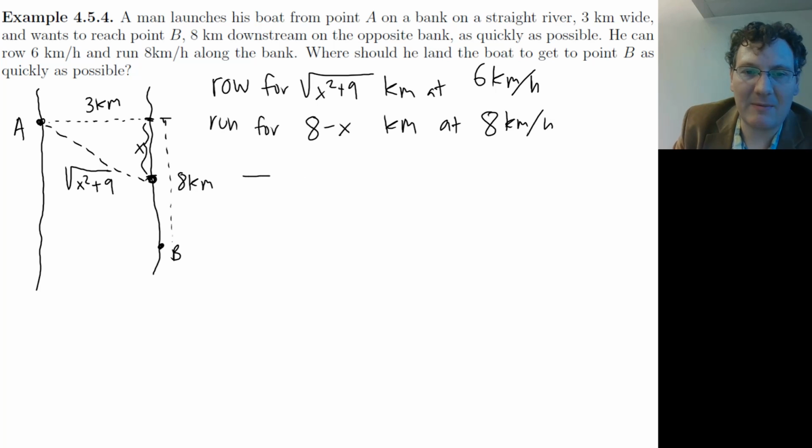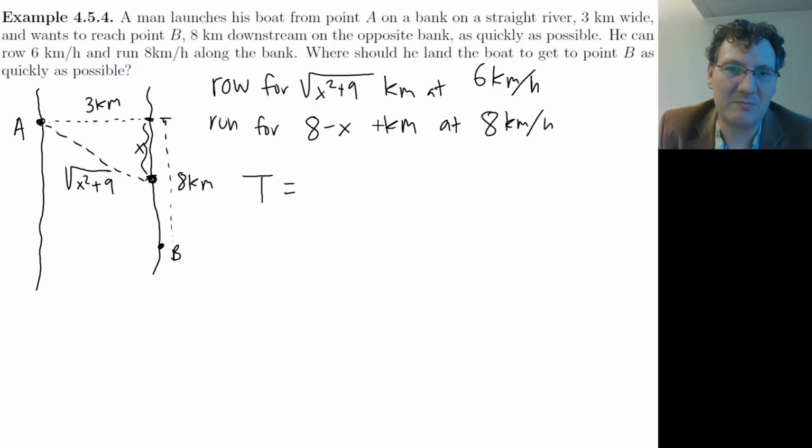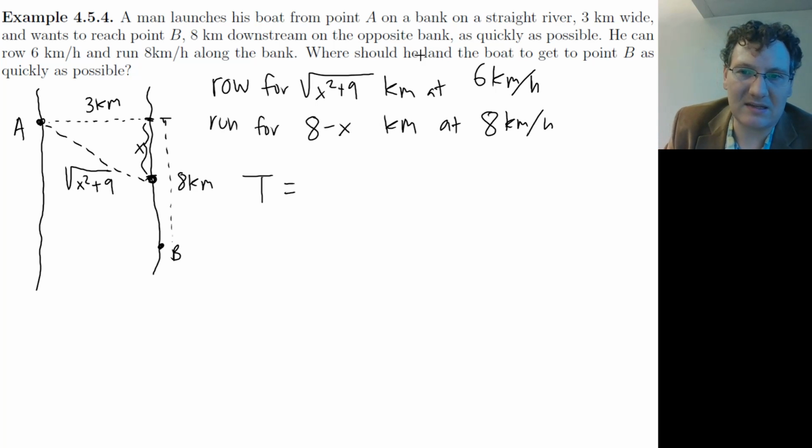So we'll find the total time, I'll call it t. The total time it takes is going to be, so if you want to find the amount of time it takes, you would have to take the kilometers and divide it by your speed. That's going to tell you how long it takes to get there, right?